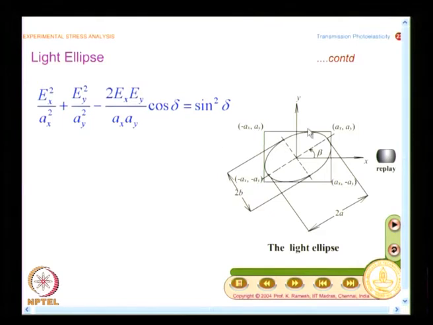And I have the amplitudes marked, and you can also find the expression for A as well as B in terms of these quantities.